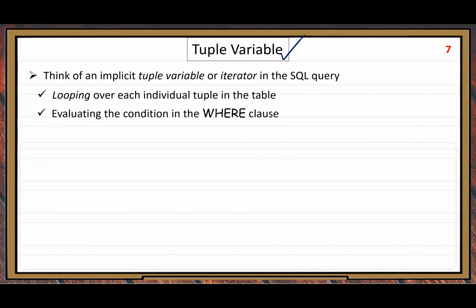If it's false or unknown, you do not select the tuple. You just select true tuples. Only those tuples that satisfy the condition are selected. It's pretty straightforward, following your intuition.